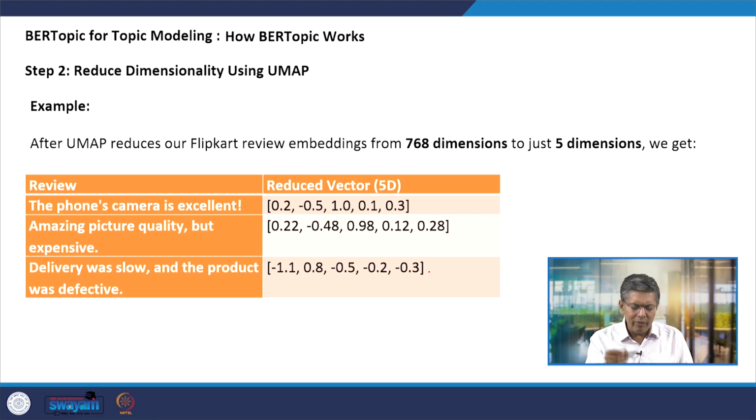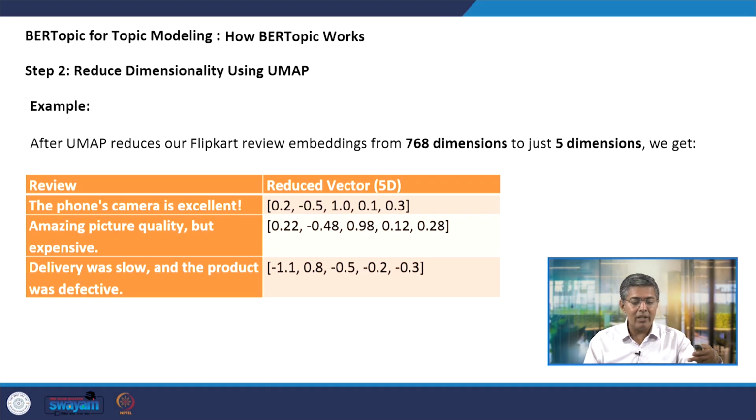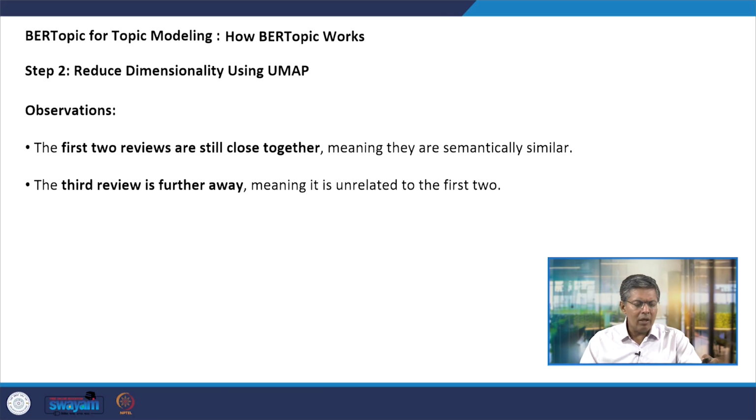Even with a glance, it is very clear that these two are similar and the third one is not so similar. The first two reviews are still closer together, meaning they are semantically similar. Sometimes this may change as you reduce the vectors. If the reviews are very close to each other, then a clear pattern might not come, but here we are getting a very clear pattern, and this is an advantage. The third review is further away, meaning it is unrelated to the first two.